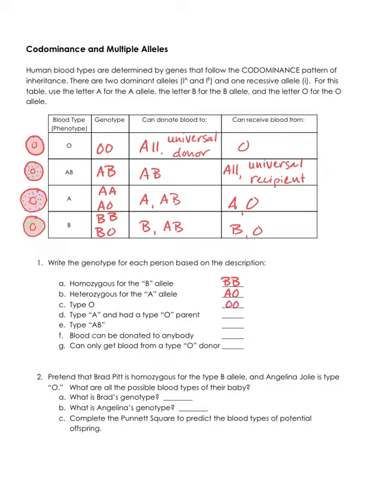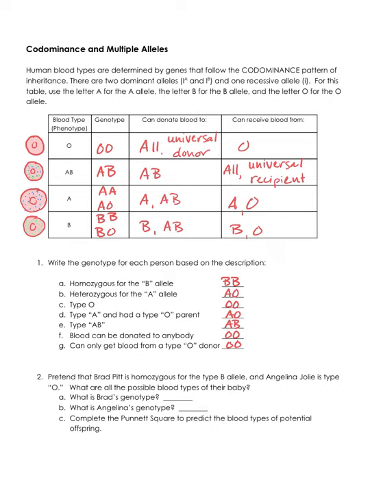If someone has type A blood, but one of their parents is type O, they will have to inherit the heterozygous genotype AO. If someone has type AB blood, their genotype is AB. If you have blood that you can donate to anybody, you're the universal donor, you have type O blood. And if you can only get blood from another type O donor, you also have type O blood and a type O genotype.